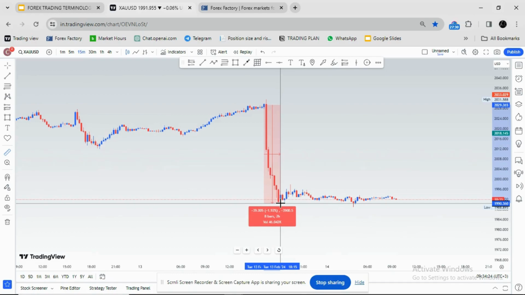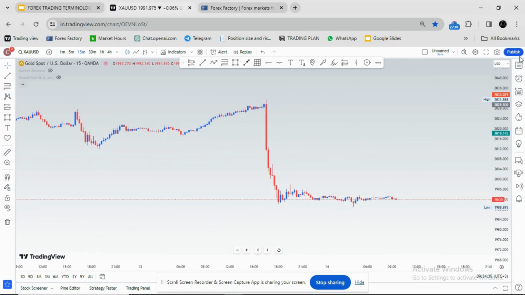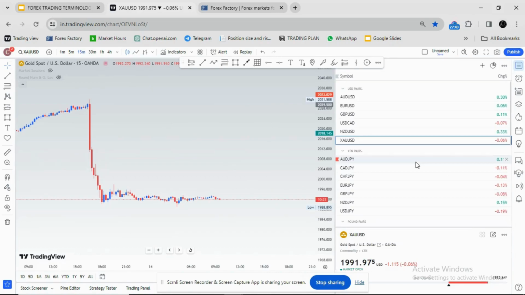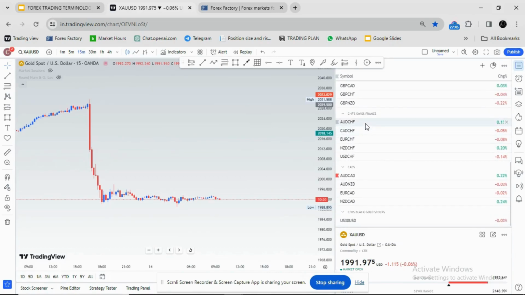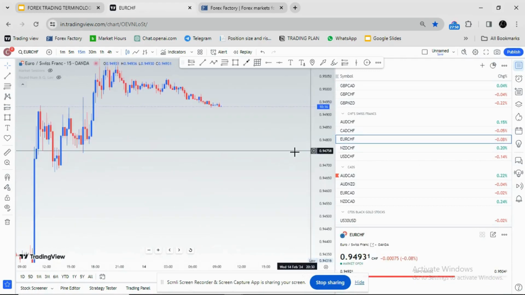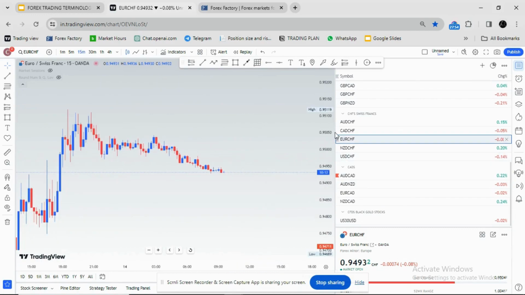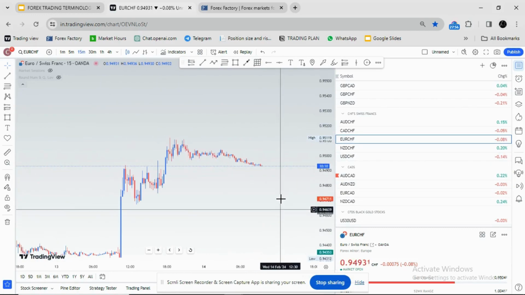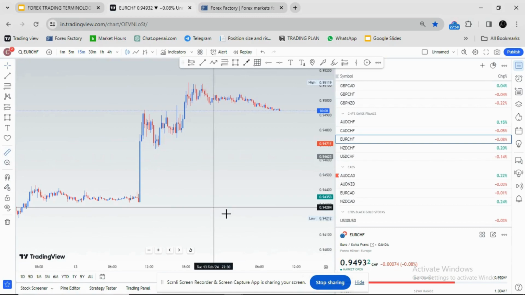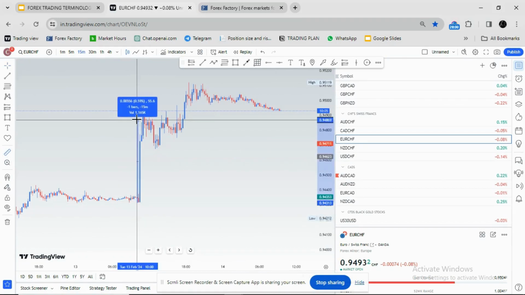You see, gold in this 2 hour time dropped 390 pips. I'm going to explain about pips later. But look at something like Euro CHF, which is a good example. Let's measure this one.